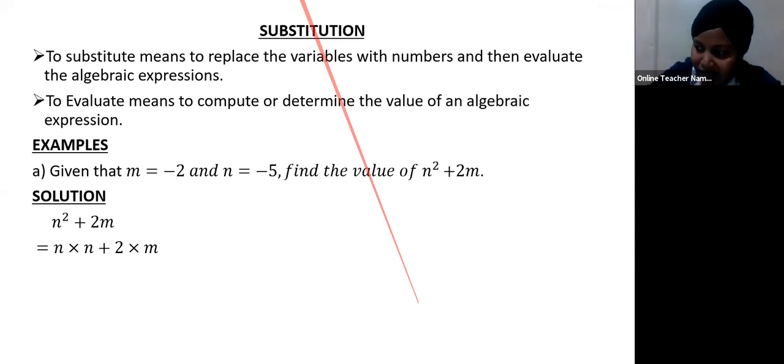So where there's that m, we are going to replace a -2, and where there's n, we'll replace a -5.